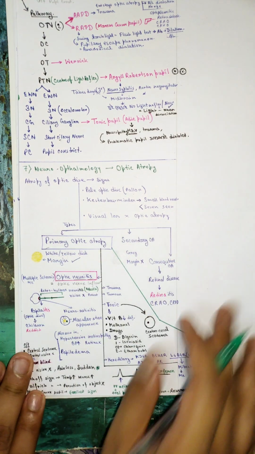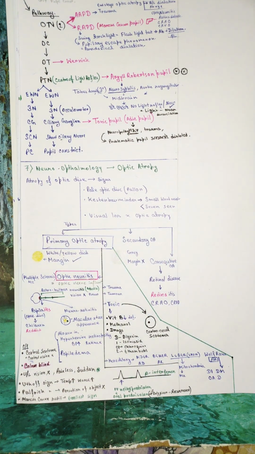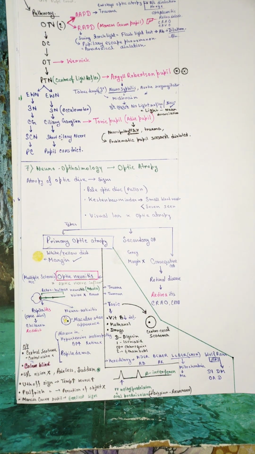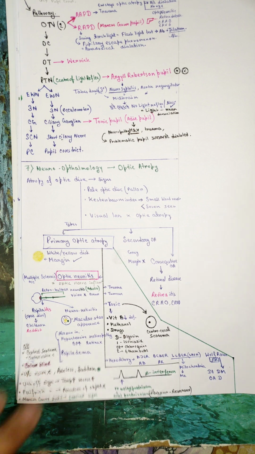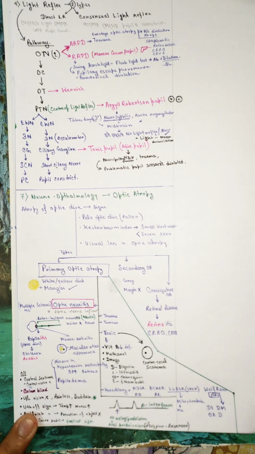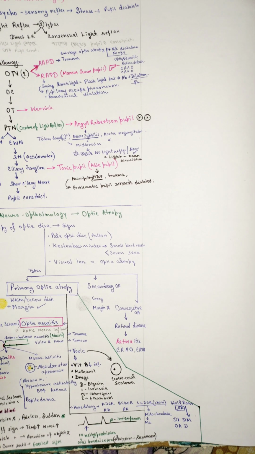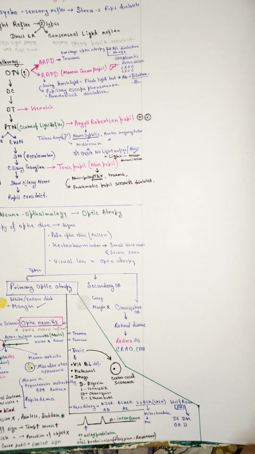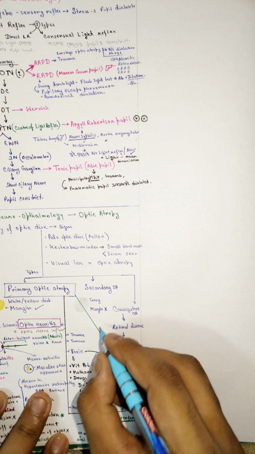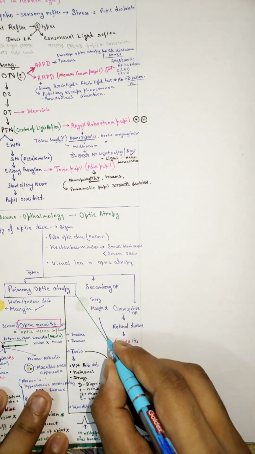Now we have secondary optic atrophy as well. There are mainly two causes in secondary optic atrophy, and we have already discussed one, that is papillitis.